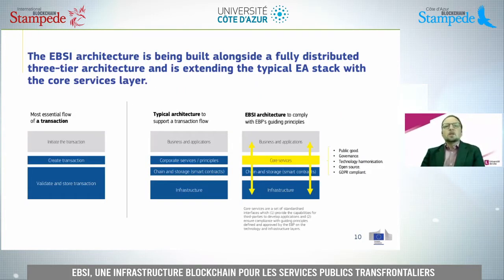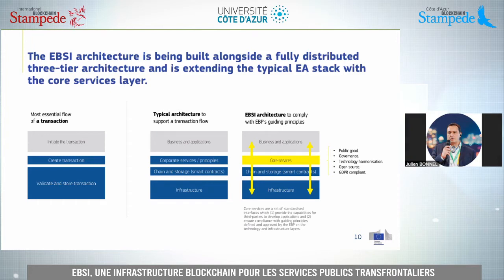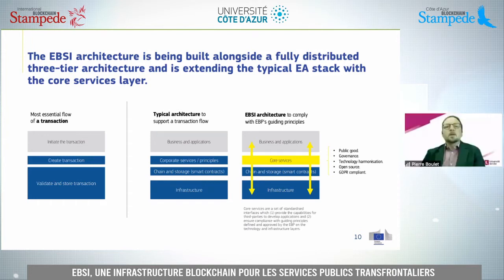So now a little bit more deep in the technicality of this architecture. What is needed on the left first for a transaction? You need to initiate the transaction, then to create the transaction, and to validate and store the transaction. This is the consensus algorithm. A typical architecture to support such a transaction flow is: the transactions are initiated in business applications.